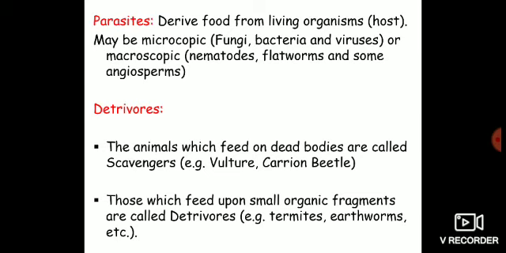These are the special categories of organisms. Their mode of nutrition is completely different. They do not consume the organism entirely. Instead, they live on other organisms and obtain nutrition from them. And the organism from which they obtain food is known as the host.